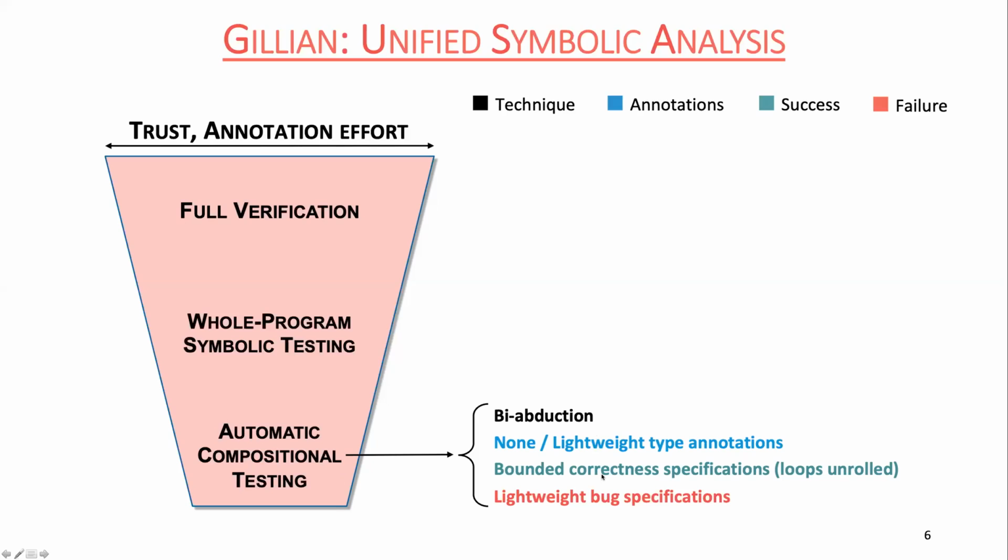The point about this work is that it's very minimal annotation in the code, meaning the general programmer is not having to do very much to the code. And you end up either with bounded correctness specifications or lightweight bug specifications. Because everything's so automatic, only tiny lightweight bugs can be found.